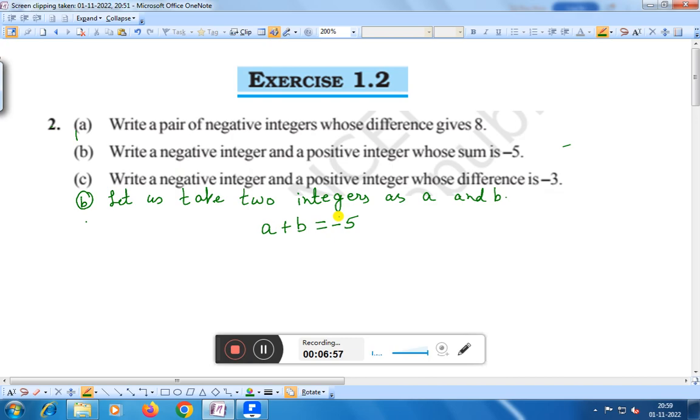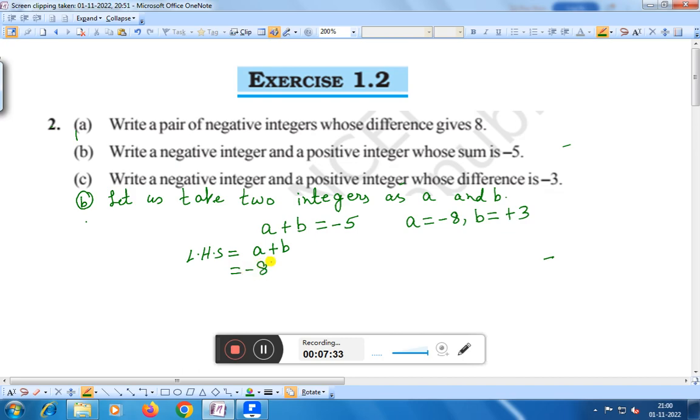Now, you have to take one negative integer and one positive integer. Let us take a as -8 and b as +3. Therefore, left hand side is equal to a plus b.